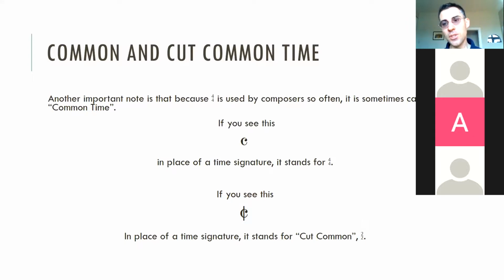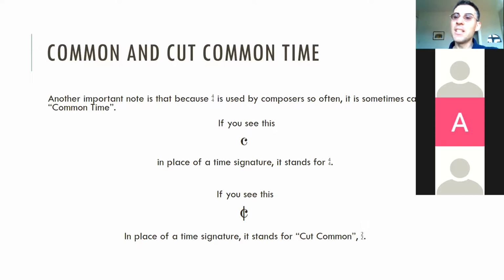Now, these 2 time signatures have abbreviations which are used quite often, and some of you may have already seen this. For 4/4, quite often what you see is just a C on its own. The C stands for common, and the reason that we call it common time is because 4/4 time is used a lot in music, so it's common.